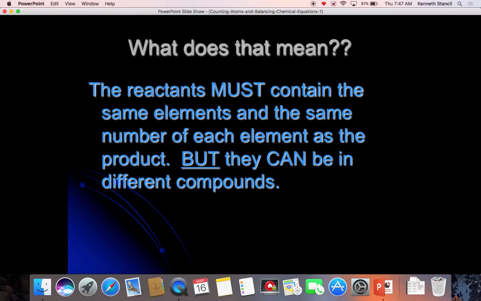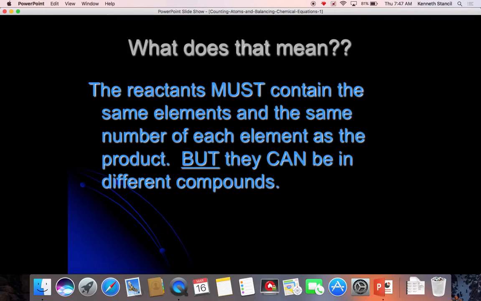The reactants must contain the same elements and the same number of each element as the product, but they can be in different compounds. But you can't add atoms to products that don't exist in the reactants.